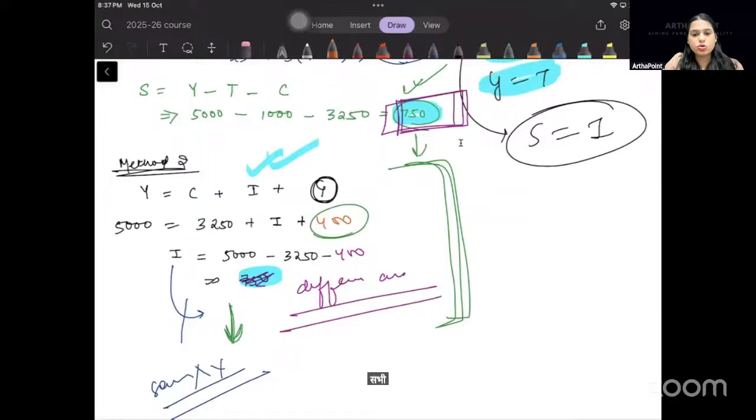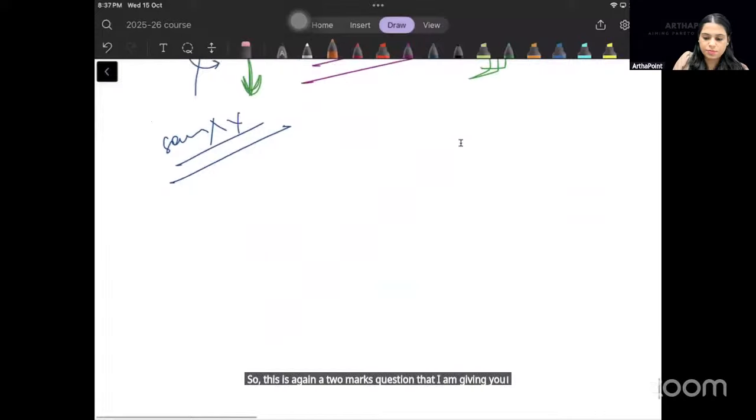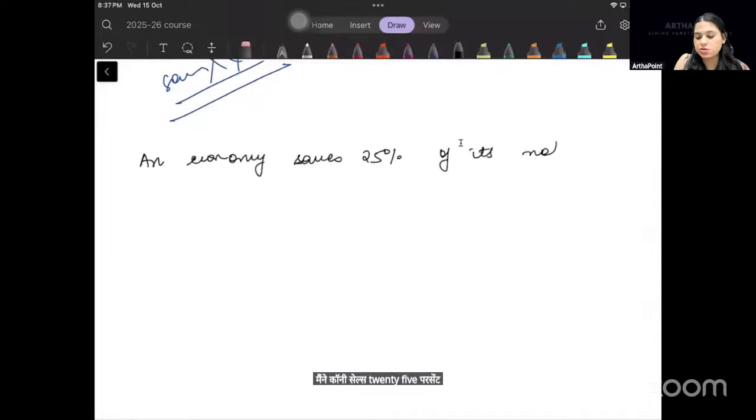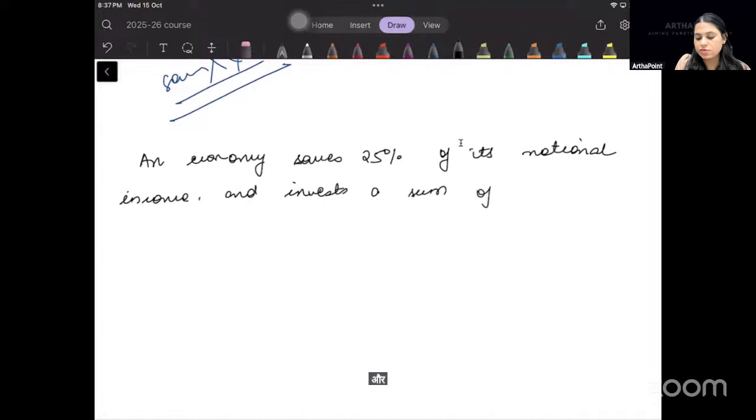So this is again a 2 marks question that I'm giving you. Last year, 99% of students did this question wrong. An economy saves 25% of its national income and invests a sum of 1000 each year.